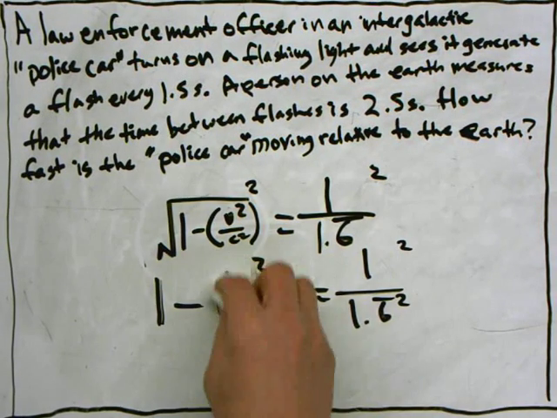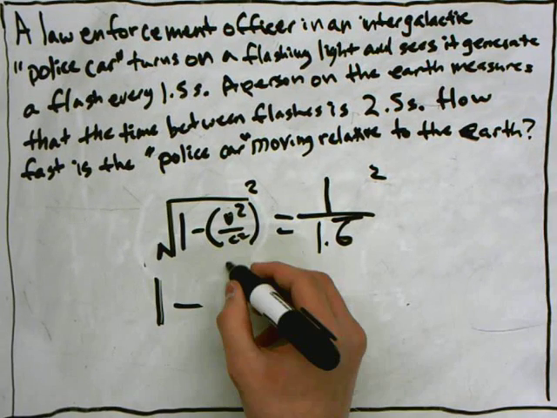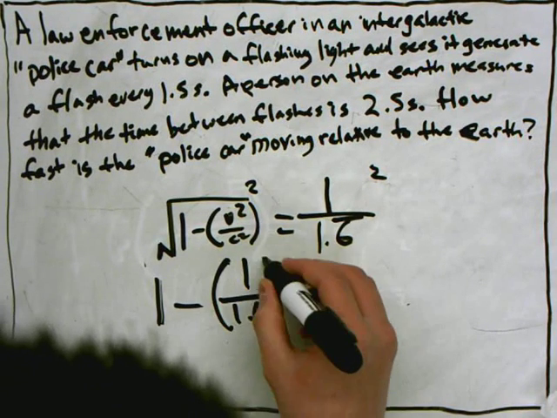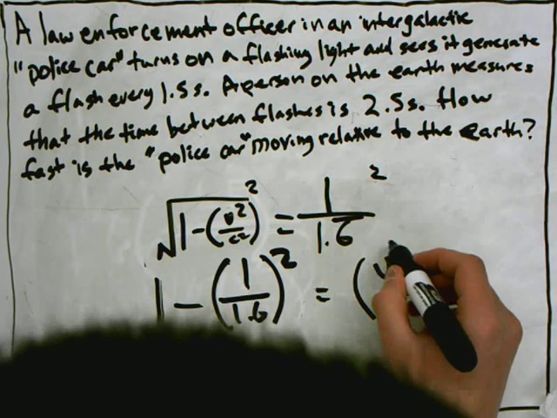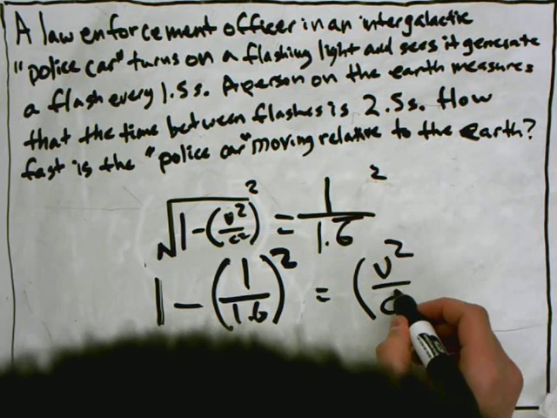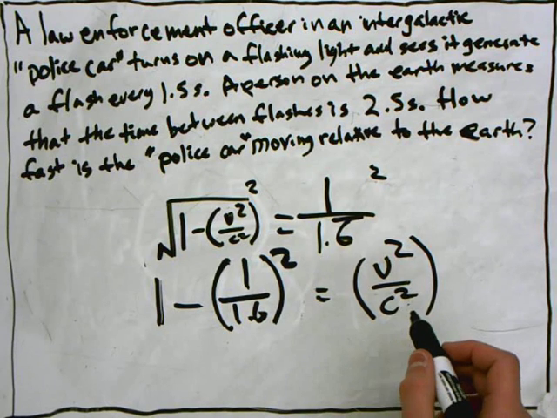Then we multiply both sides by c squared, so c squared times 1 minus 1 over 1.6 squared equals velocity squared.